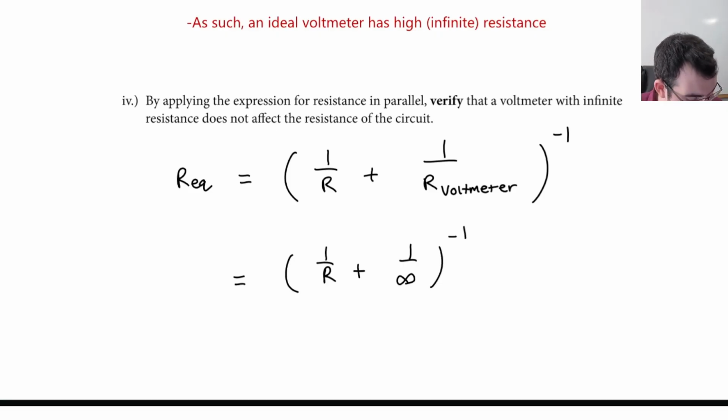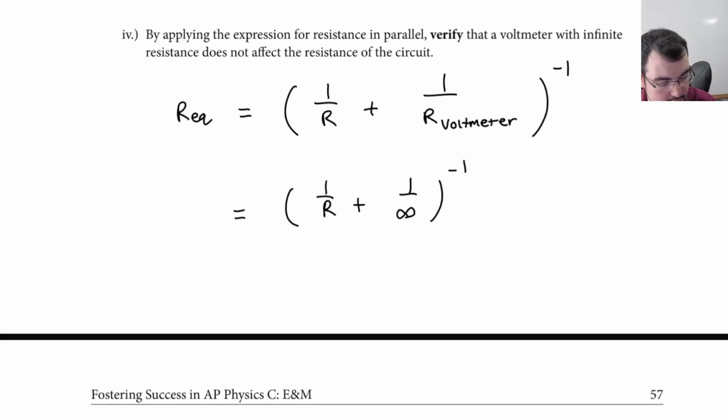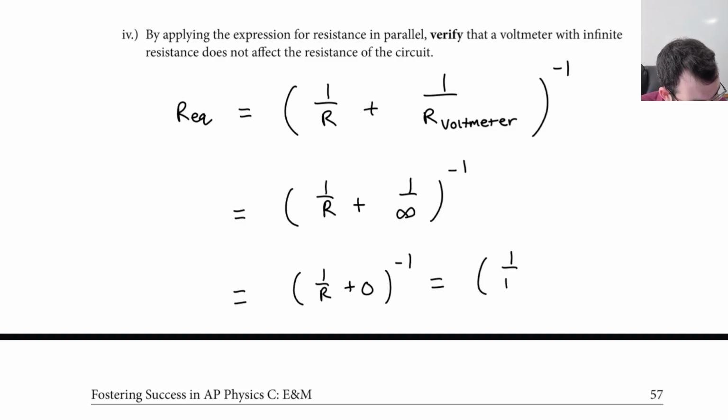Okay, what is 1 over infinity? Well, 1 over infinity is 0. Think about it. If I do 1 divided by 1 trillion, that is a really, really, really small number. So this becomes 0. So I get (1 over R) to the -1, which is R, as expected. So that's why we want our voltmeters to have infinite resistance.